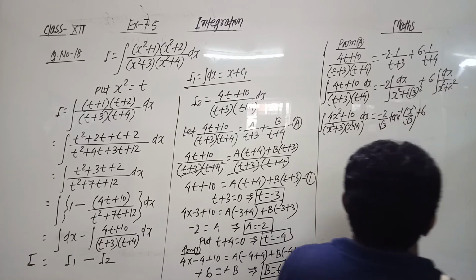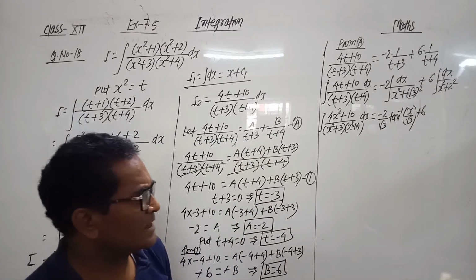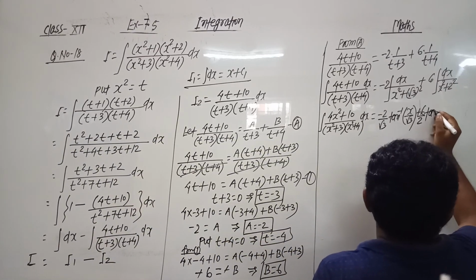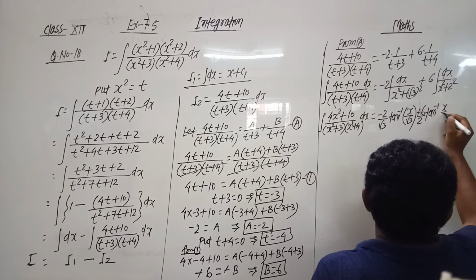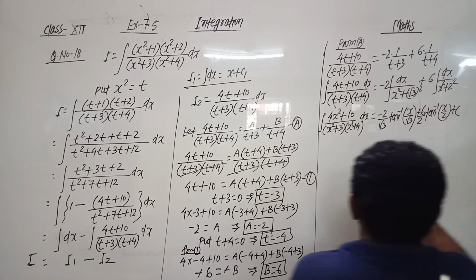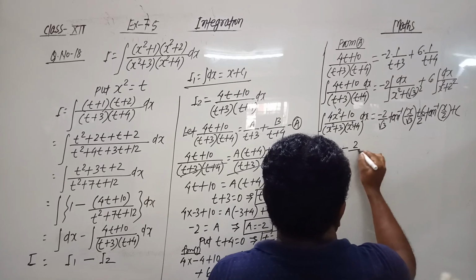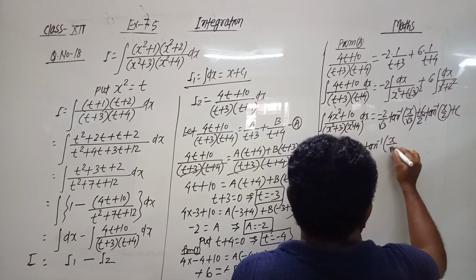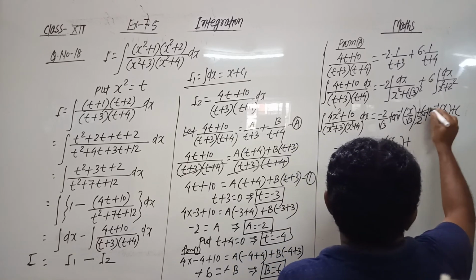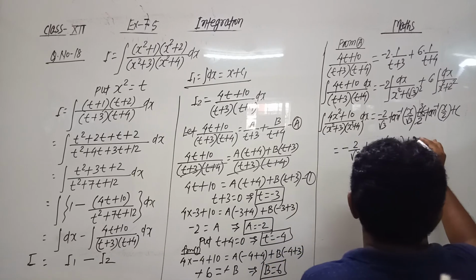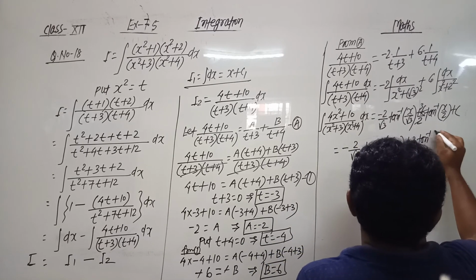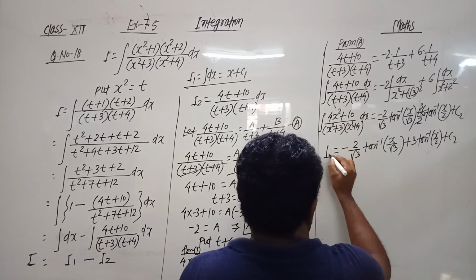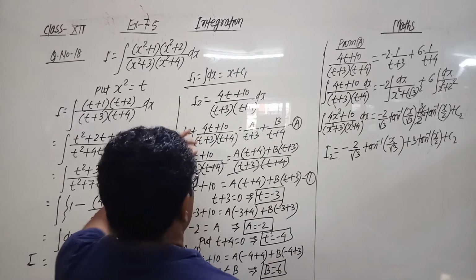This is also the formula dx upon x square plus a square, so 1 upon a tan inverse x by a plus c. So minus 2 by root 3 tan inverse x by root 3 plus 3 tan inverse x by 2 plus c2. This is the value of I2 which we get.